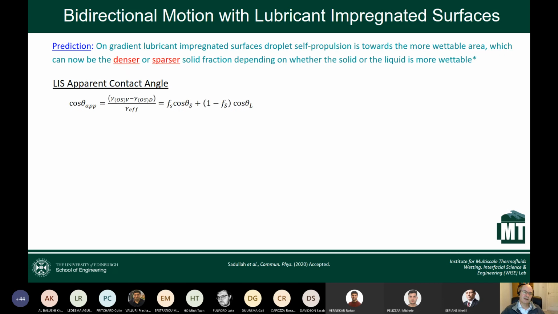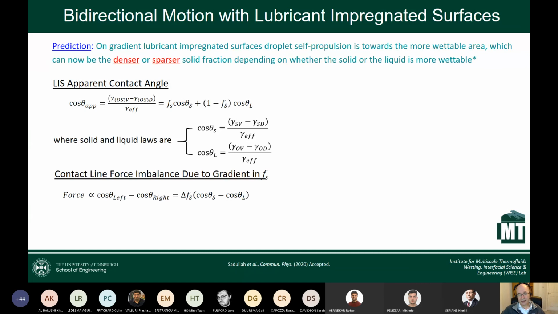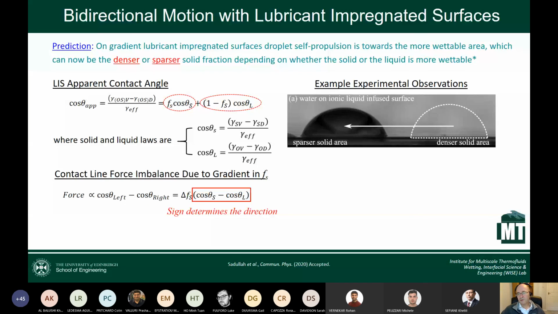than the solid. And if that's the case, then we can work out from the combination that you'll get a force imbalance for the droplet that will be driven by the difference in the cosines of the Young's angle on the solid or the lubricant, and that sign can be either direction. It can be a plus or a minus. We've done experiments as well as simulations where we make a sort of pillared surface, but in between the pillars there's lubricant, and then we have a denser area of pillars and a less dense area.